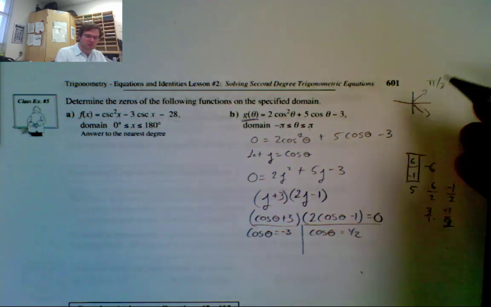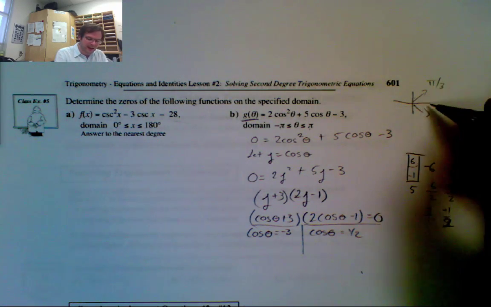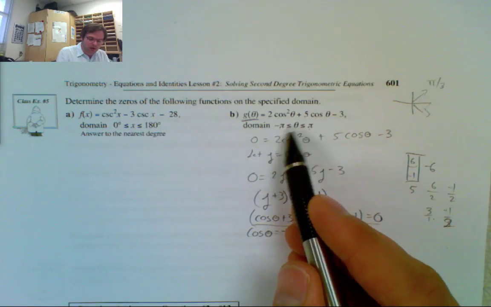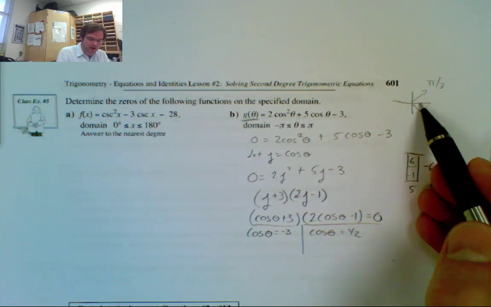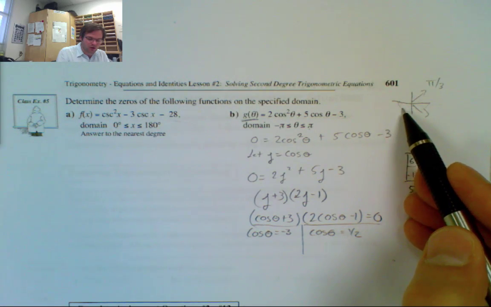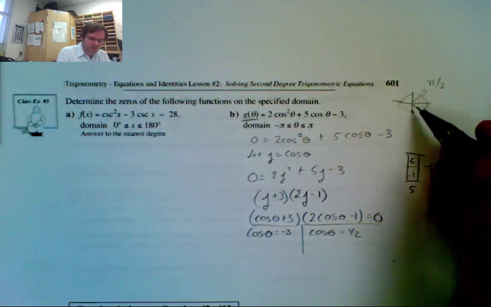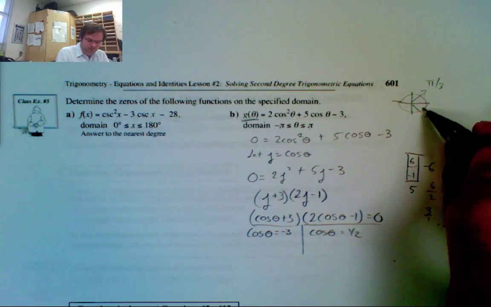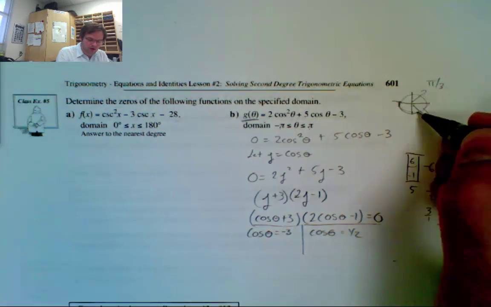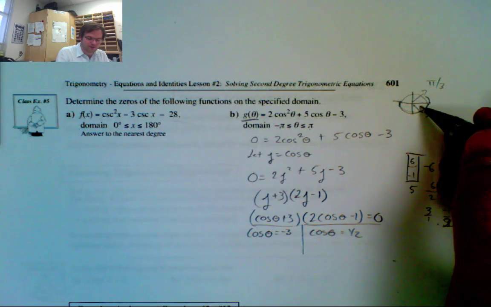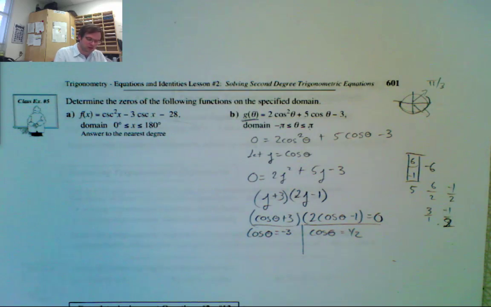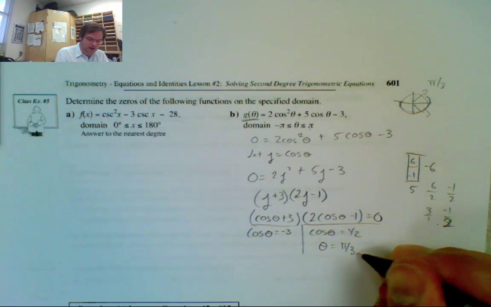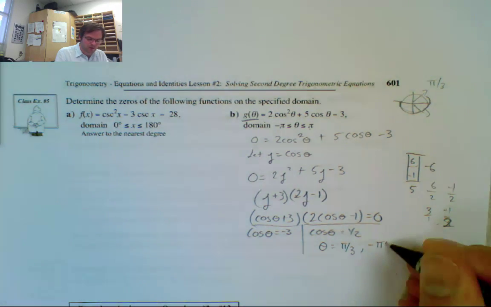So we have pi over 3, and because we go from negative pi all the way to pi, we also have negative pi over 3. So those are my two solutions: theta is equal to pi over 3 and negative pi over 3.